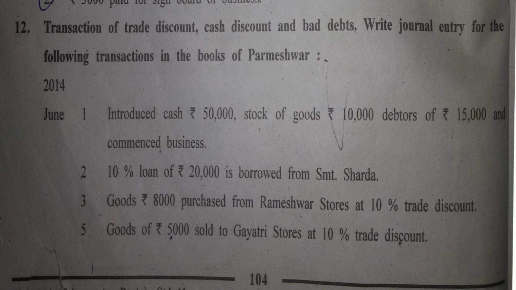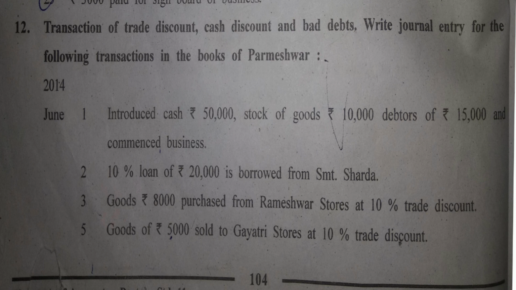Moving towards the transaction on 5th of June, it says goods of rupees 5,000 sold to Gayatri stores at 10% trade discount. Again, this is a credit transaction because here the amount is not paid by us. Amount is not received by us.